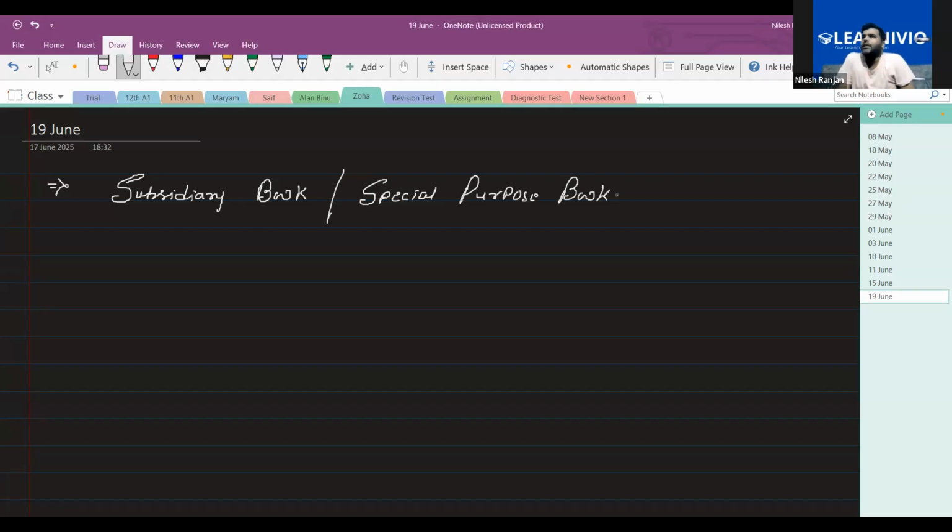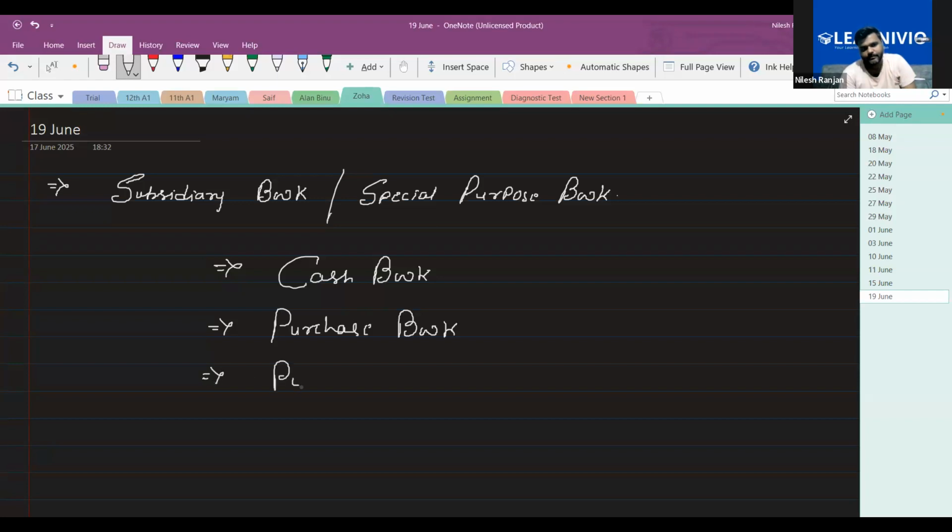That is called subsidiary book. First of all, why do we need to divide journal into different parts? Because there are total 6 books we have to discuss in this chapter. One is cash book, one is purchase book, then purchase return, then sales book, and after that, sales return book.